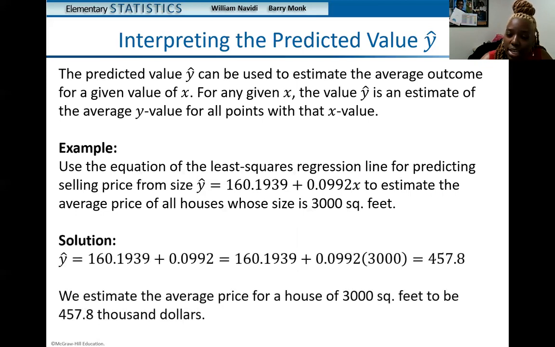When you plug that in, it looks like it'll be $457.8 thousand. So we estimate an average price for a house that's 3,000 square feet to be $457.8 thousand.